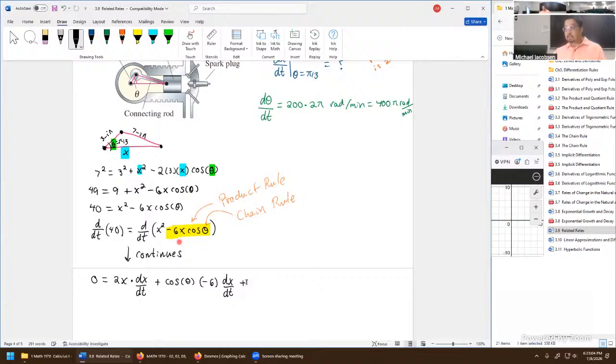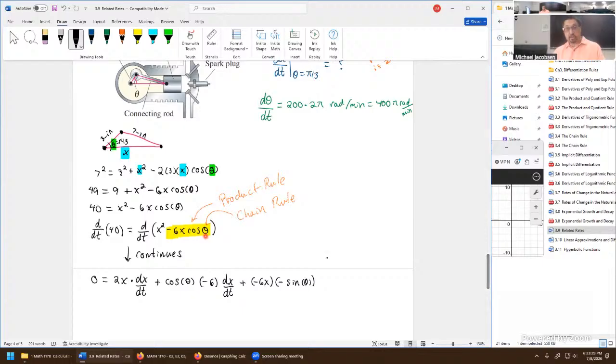Then we go plus, and now we're going to copy the first function, negative 6x, multiply by the derivative of the second function. So when we differentiate a cosine, we get a negative sine at the same angle, theta. But then we have to multiply by the derivative of the inner function.